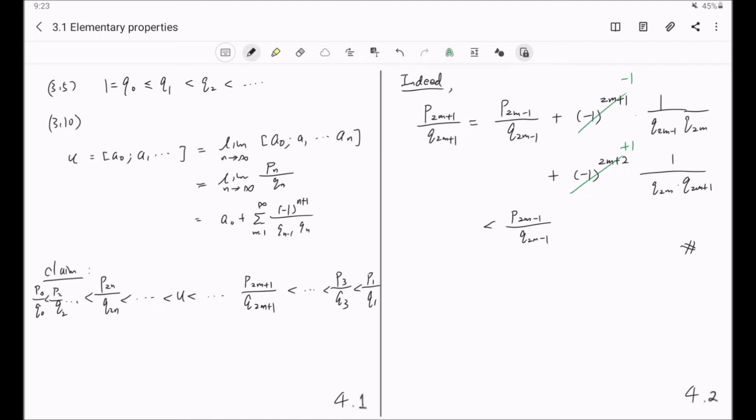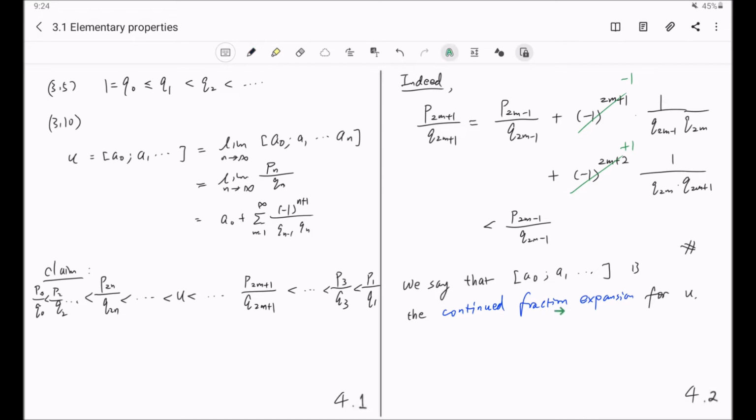And now here we give a definition. We say that this infinite continued fraction a sub 0, a sub 1 is the continued fraction expansion for u.